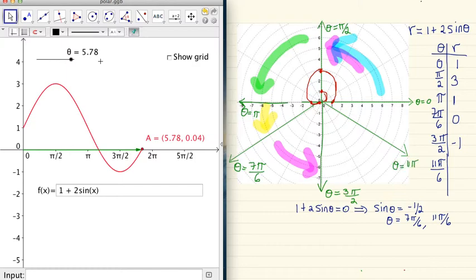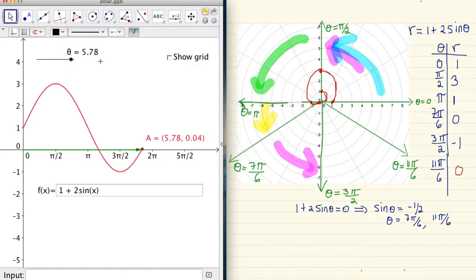But since r is negative, I'm really over on the opposite ray, but it doesn't really matter, right? Because r is 0 there.